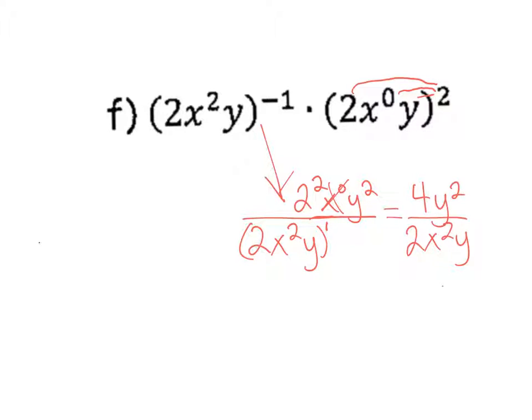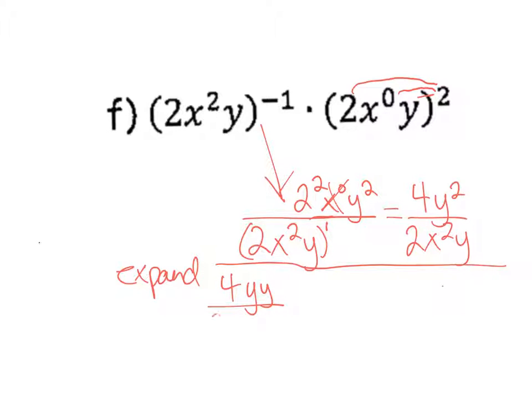You have one more thing to do because you have common things on top and bottom. Let me expand it out for you. 4y over 2xxy. Isn't that expanded? Yes. Is there anything on top and bottom that's the same that could cancel out?